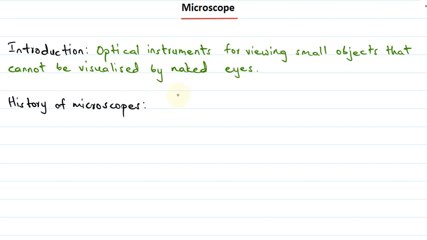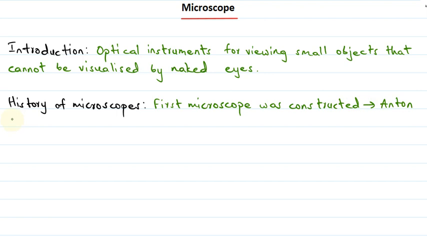So the first microscope was constructed by whom? It was constructed by the scientist named Anton van Leeuwenhoek.